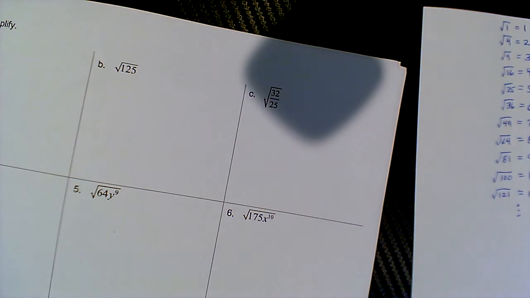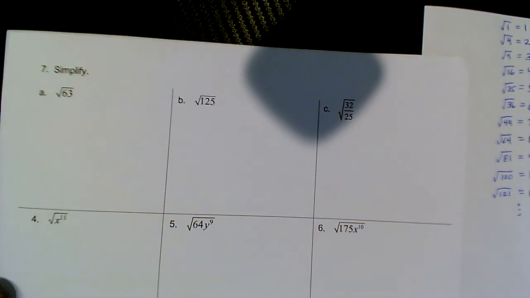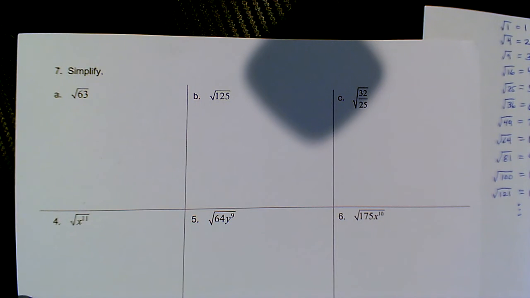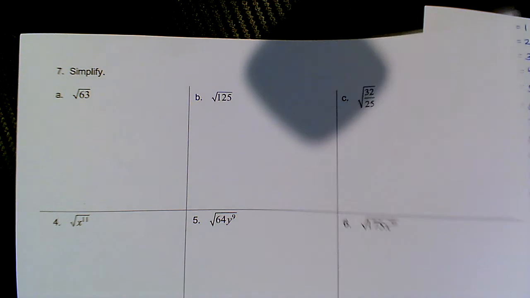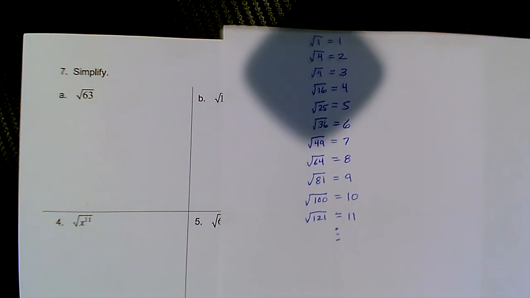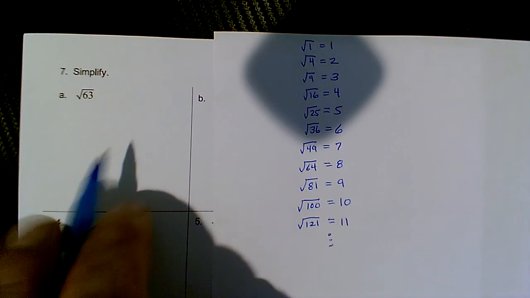Going to simplify. Now we get into a situation where the numbers involved are not perfect squares. And so what we have to do is break it down such that we take out the largest factor that is a perfect square. And as you might recall, there's an easy method for doing this. For example, the square root of 63, that's not a perfect square.